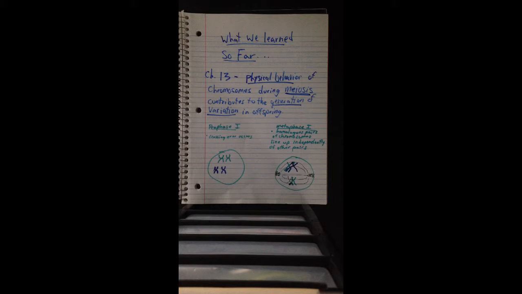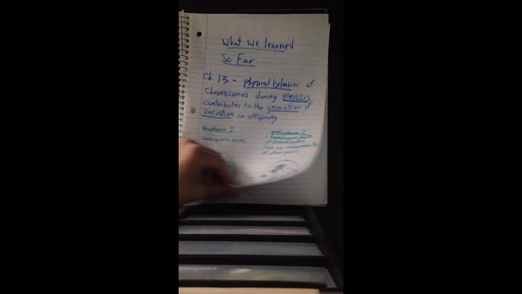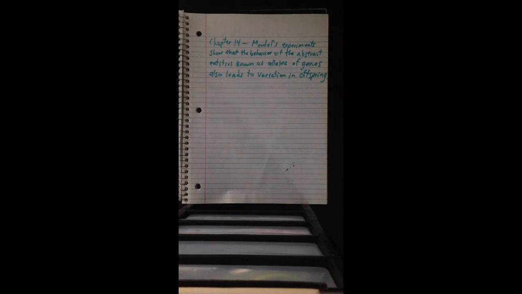Each pair of homologous chromosomes lines up independently of the other pairs during metaphase 1, and crossing over prior to that during prophase 1 can mix and match parts of maternal and paternal homologs. In Chapter 14, Mendel's experiments show that the behavior of the abstract entities known as alleles of genes also leads to the variation of offspring.